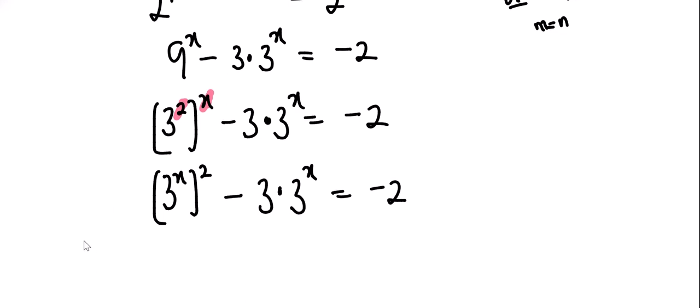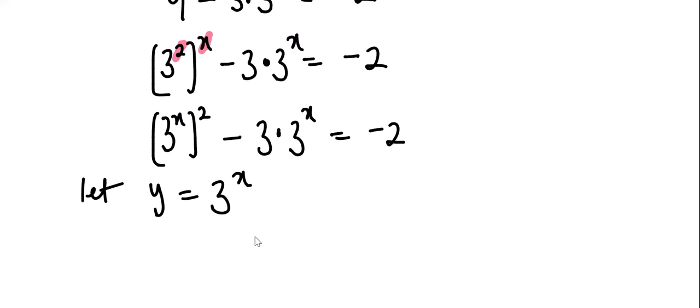Next, let y be equal to 3 to the power of x. So we're going to plug in y for 3 to the power of x. That is, here is going to be y, and this is also going to be y. So here, I'm going to have y to the power of 2 minus 3 times y equals negative 2.